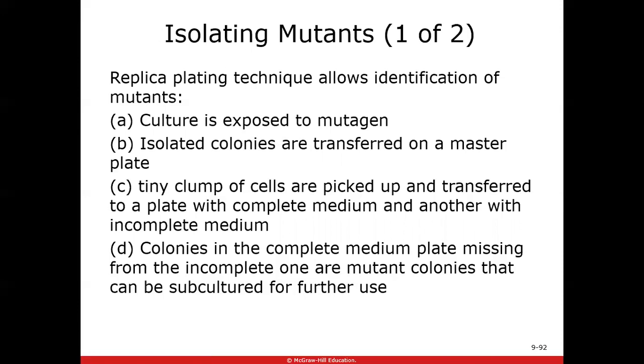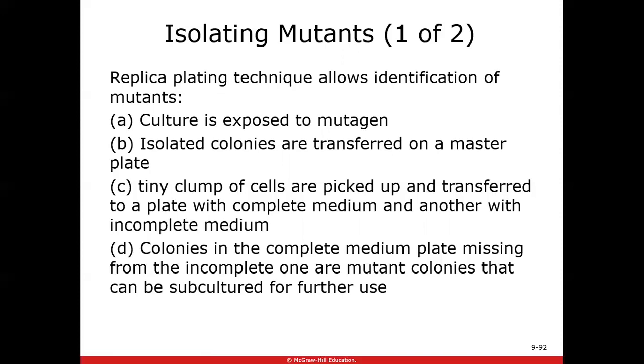Isolated colonies are then transferred to a master plate. A tiny clump of cells is picked up and transferred to a plate with complete medium and another with an incomplete medium. We'll see if a mutation allows some of them to grow differently with different media.